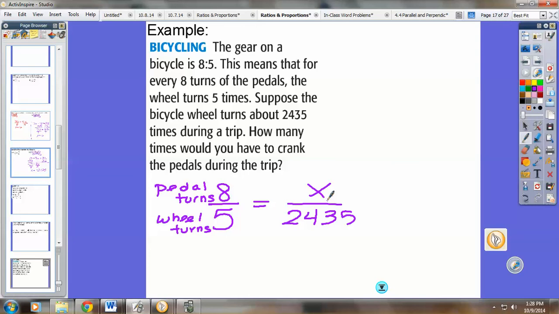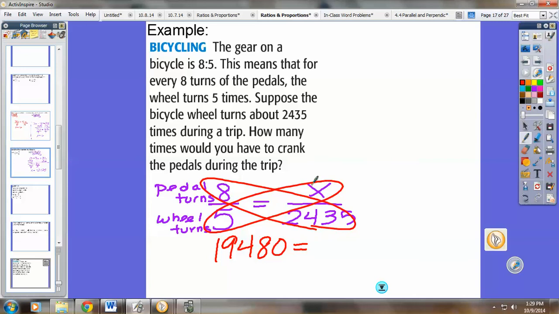So then solve. Let's cross multiply. 8 times 2,435 is 19,480 equals 5 times x, or 5x. So we divide both sides by 5.